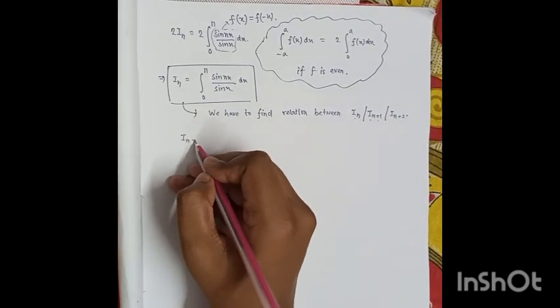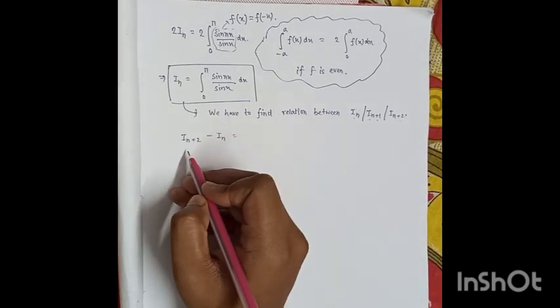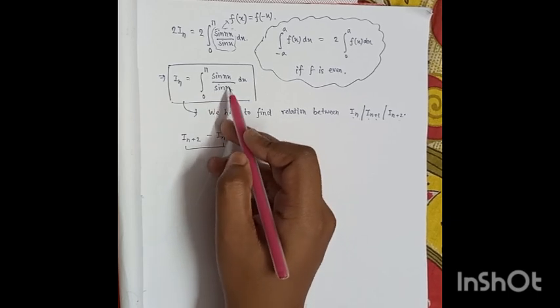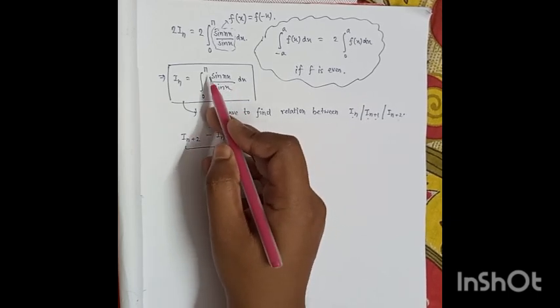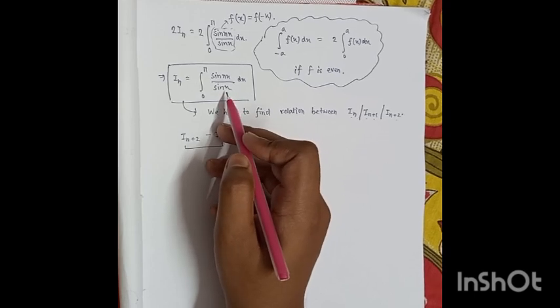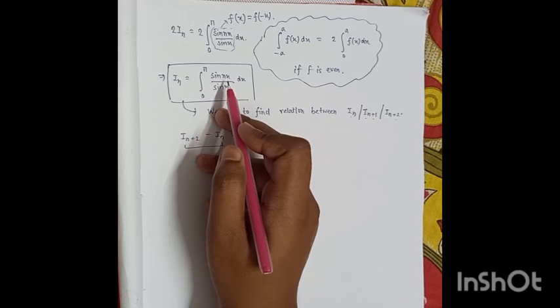Now let's try In plus 2 minus In. The idea that strikes my mind here is that if we see the expression under the integral sign, the denominator is the same, but the numerator contains the term of n.